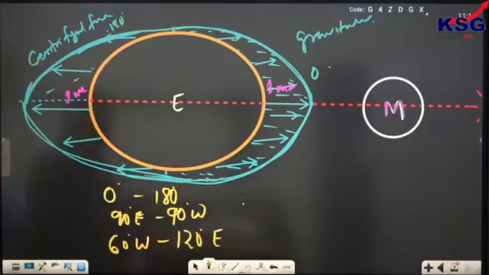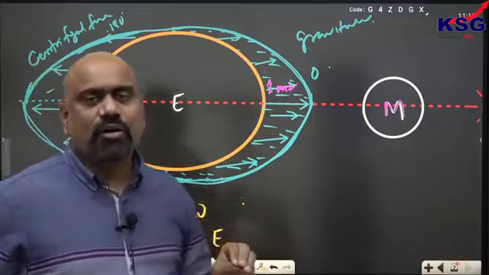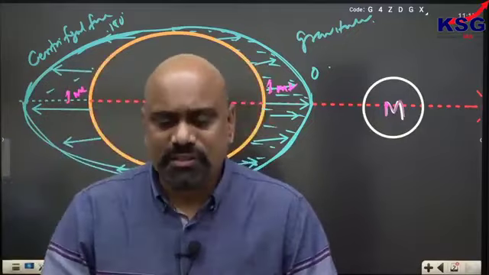Again I am saying, the position of the earth, moon and the sun is more important. You might be knowing about CG and the opposition, conjunction, opposition, CG position.